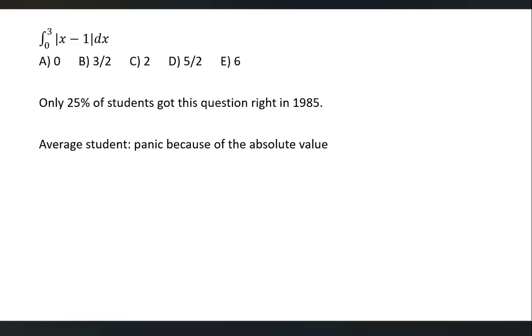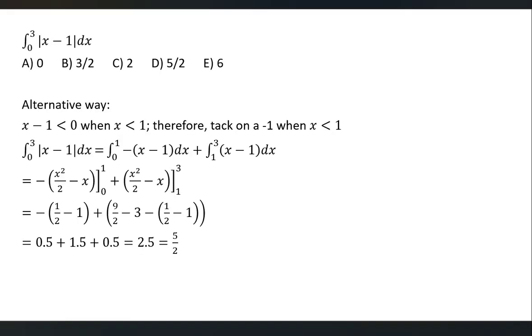So here is what an above average student would do, or how they would probably think of it. There's, of course, this long way of doing it, all by hand, where you first figure out that if you don't have the absolute values, then x minus 1 is the linear function. It's negative when x is less than 1.